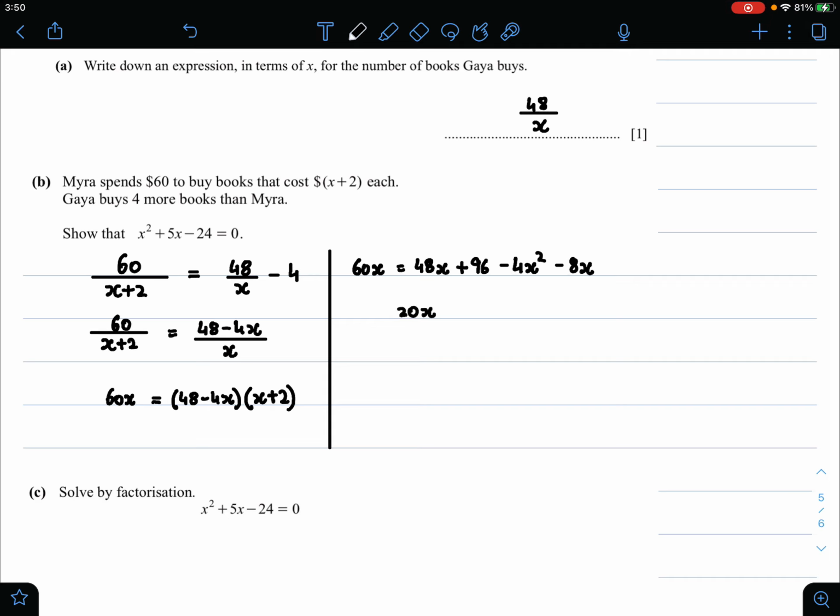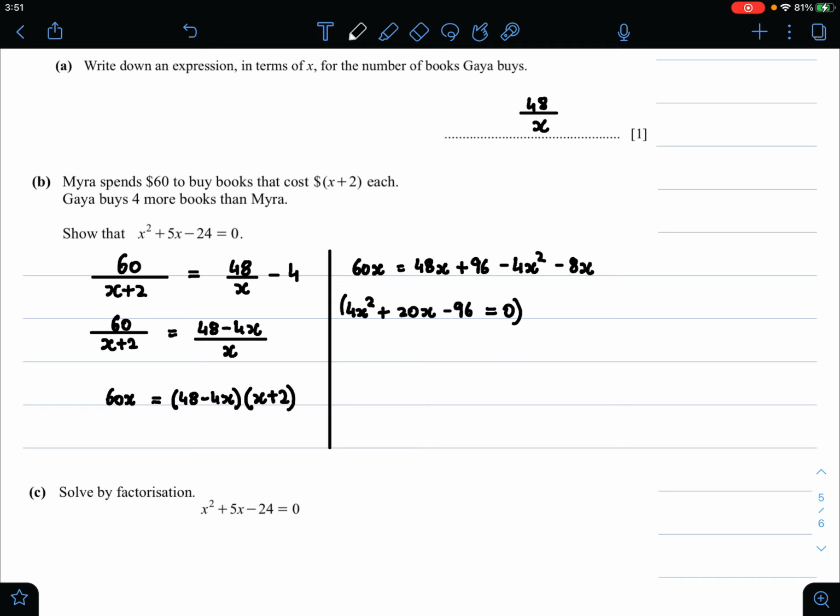Now if we take negative 4x square to the other side, it will become positive 4x square. So 4x square plus 20x. Now if we take 96 to the other side, it will become negative 96. And since there is nothing left on the right hand side of the equation, it will become equal to 0.